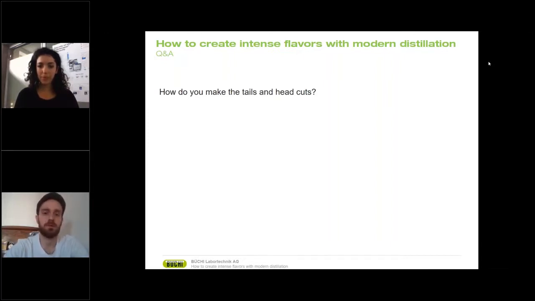Taking the example of the bourbon distillate, we decided on the cut when we believed that the concentration of all the aromatic compounds was enough to obtain a flavorful distillate.